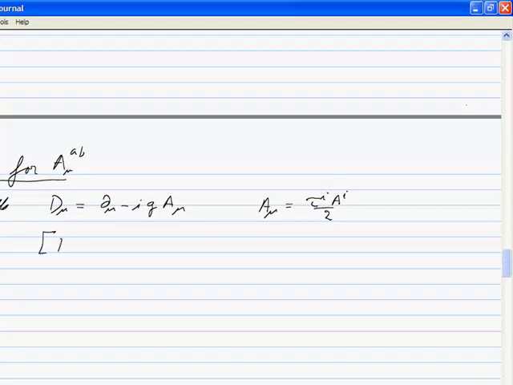If we take the commutator of two of these, D_mu with D_nu, the commutator of two taus is also a tau.